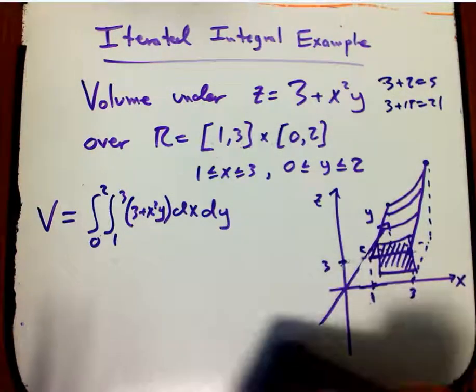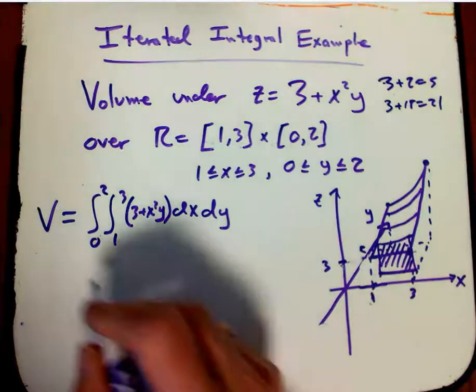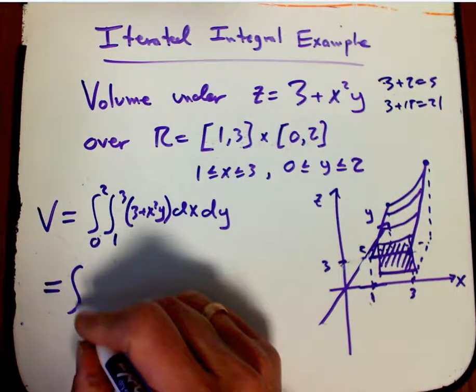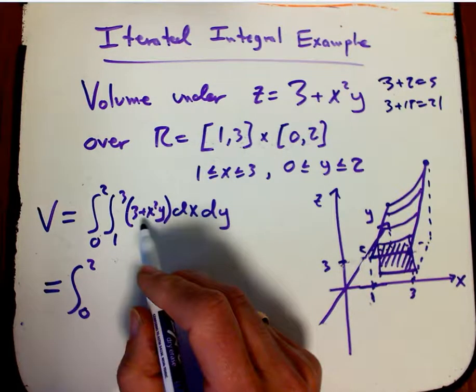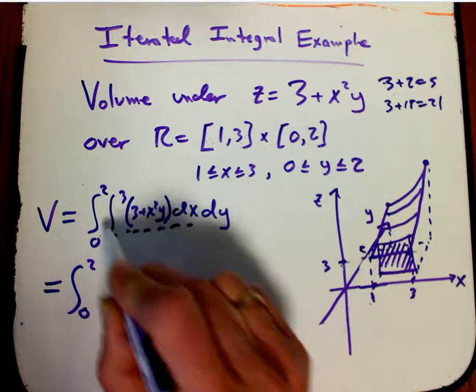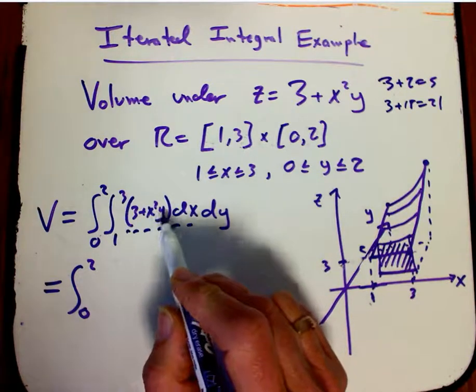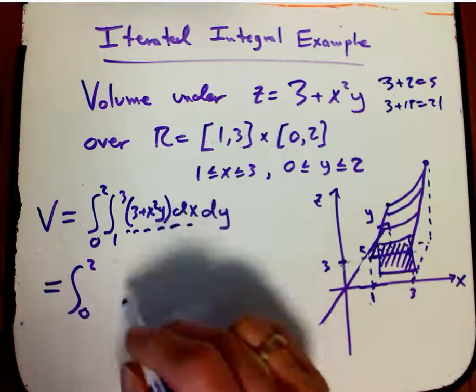Okay, so I know that's a lot of setup, but as I say, that's really the hard part for a lot of this. So now it's going to be easy. Not that every integral is easy, but this will be pretty good. So when you're doing an iterated integral, remember that in the dx integral, any other variable, in here particularly y, is constant, and you treat it as a constant as you usually would.